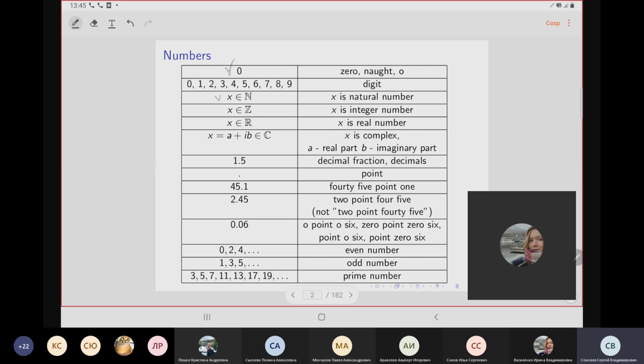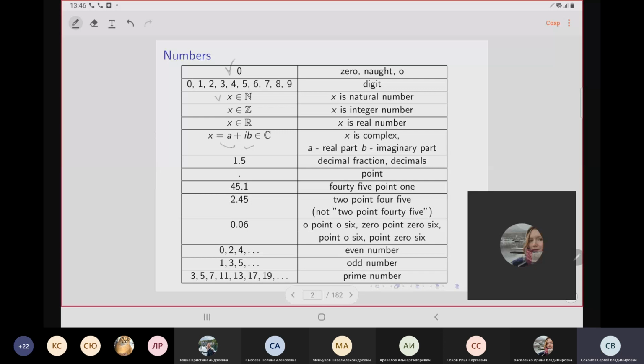Then real numbers and their set, and complex numbers with a as a real part and b as the imaginary part of a complex number. And i is the complex one.